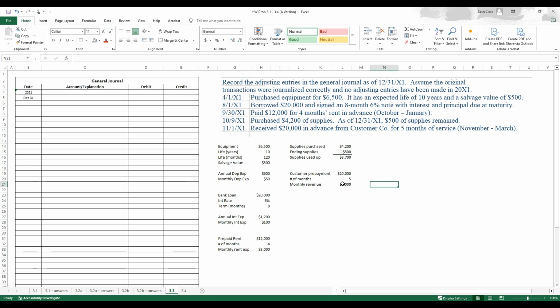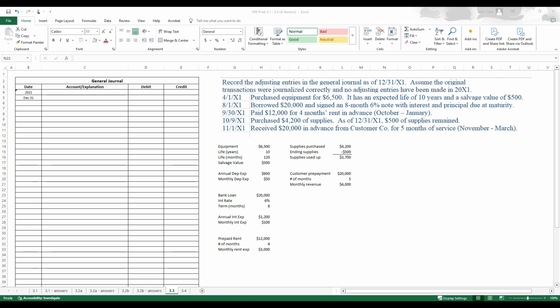So $20,000 for 5 months, so per month we're making $4,000. They gave us the $20,000 up front, but we're earning that over 5 months. Okay. Cool. I think we have all the info we need now to solve this problem.